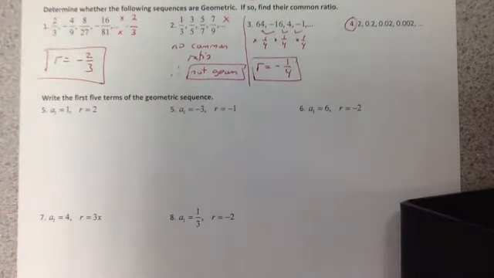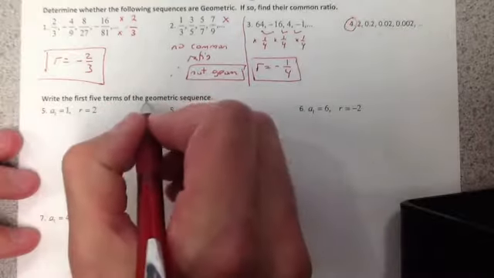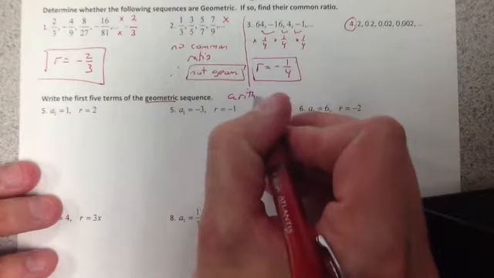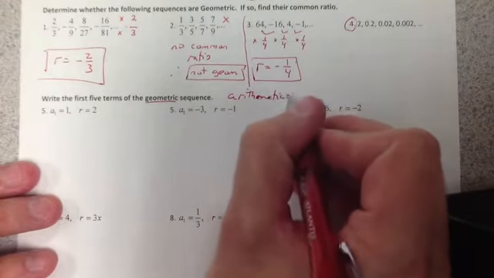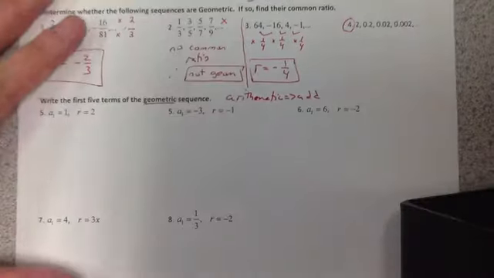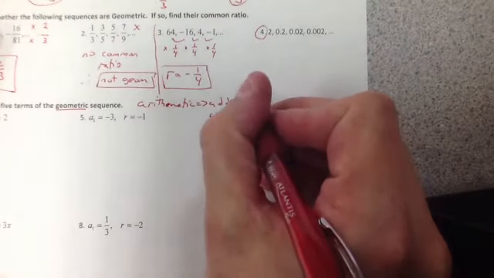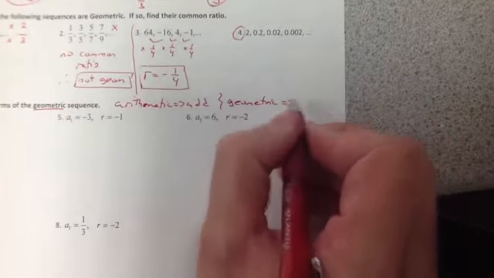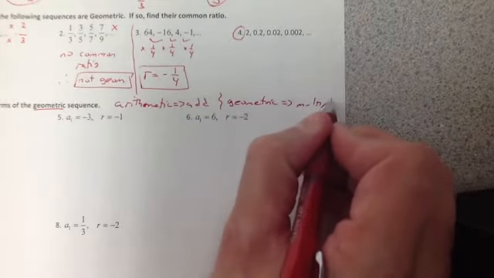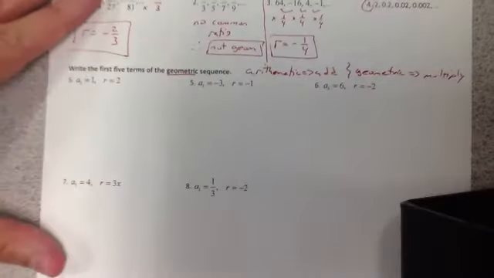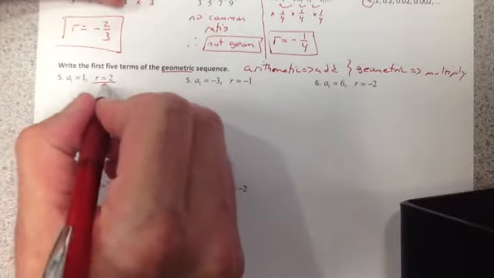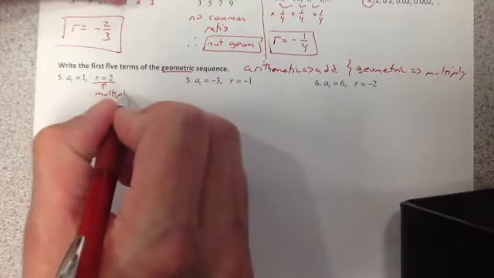Alright, so let's see here. Let's write the first few terms of a geometric sequence. Now in arithmetic we add. In geometric, we multiply, or divide. So, if I tell you that something is geometric, R is 2, that's basically what's called our multiplier.